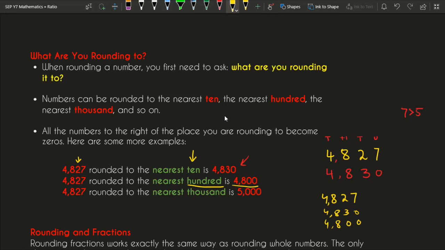Pause the video and try rounding the number to the nearest 1000. 4827. 2 is rounded up since it is followed by 7, which is greater than 5. 8 is rounded down to 800 since it is followed by 3, which is less than 5. And 4 is rounded up to 5 since it is followed by 8, which is greater than 5.